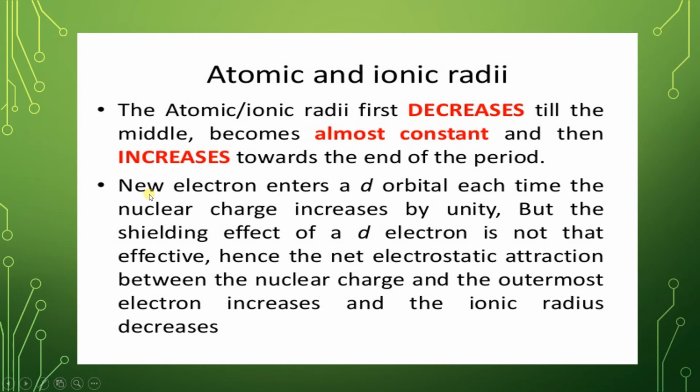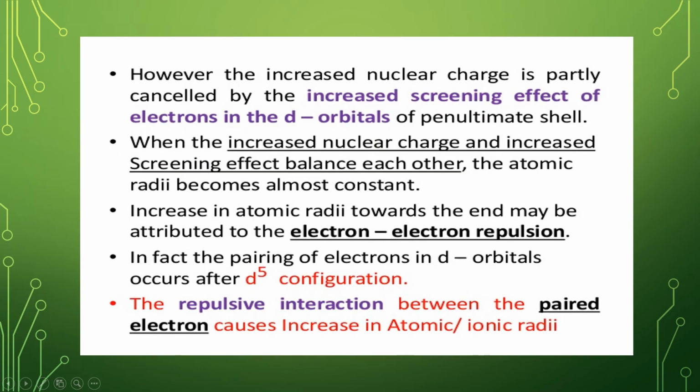Here also, the new electron enters a d orbital each time the nuclear charge increases by unity. But the shielding effect of a d electron is not that effective. Hence, the net electrostatic attraction between the nuclear charge and the outermost electron increases and the ionic radius decreases.